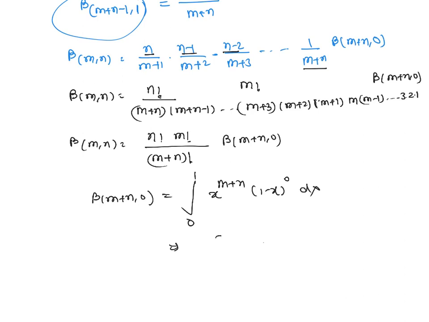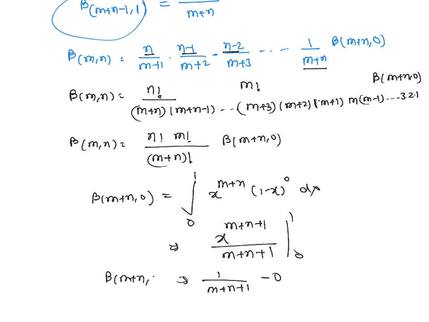If you integrate this, x power m plus n plus 1 divided by m plus n plus 1, from 0 to 1. If I put 1, this will come 1 upon m plus n plus 1, minus 0. So beta of m plus n comma 0 is nothing but this.